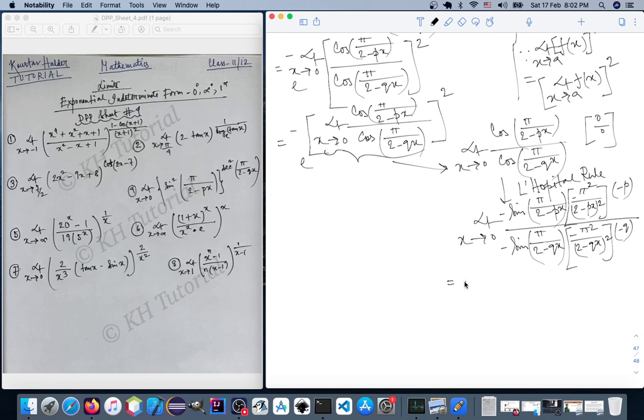So this becomes p by q. So the final answer becomes e to the power minus p by q whole square.